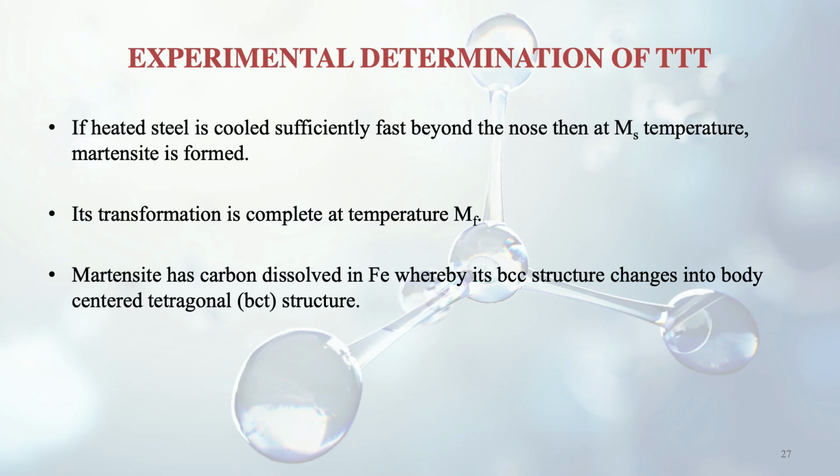Martensite has carbon dissolved in iron, whereby its BCC structure changes into a body-centered tetragonal structure. So what happens here? First of all, there is the BCC structure, body-centered cubic, where this carbon atom is in the center of the cube.